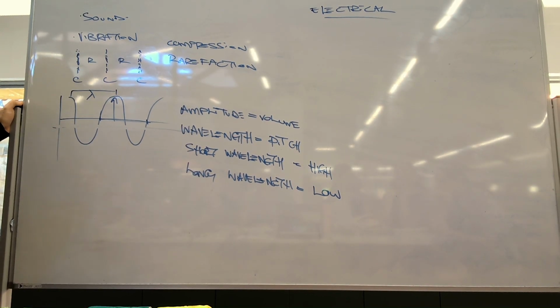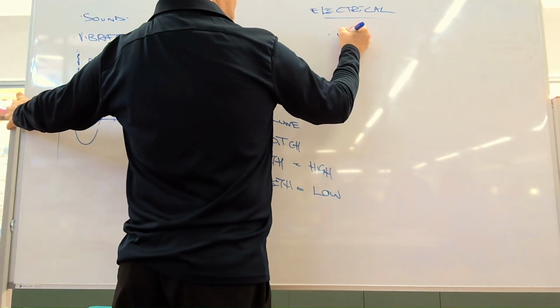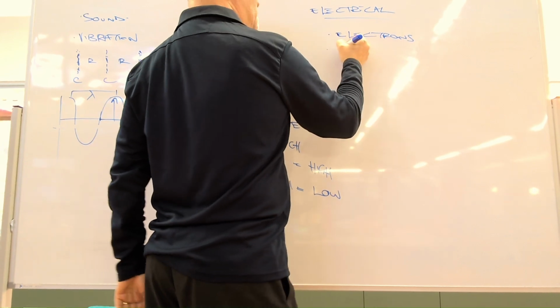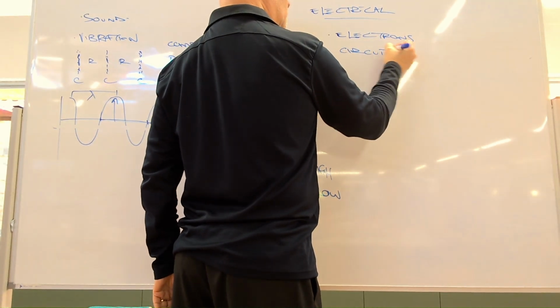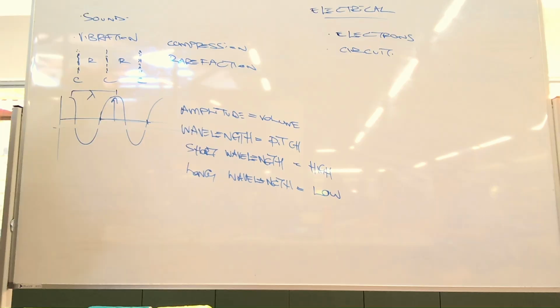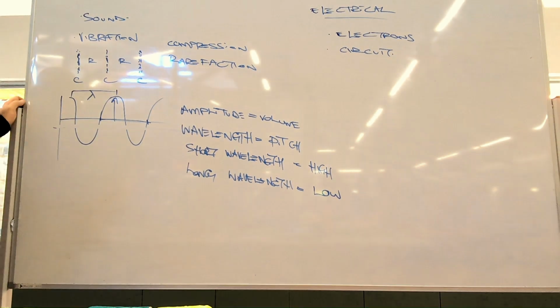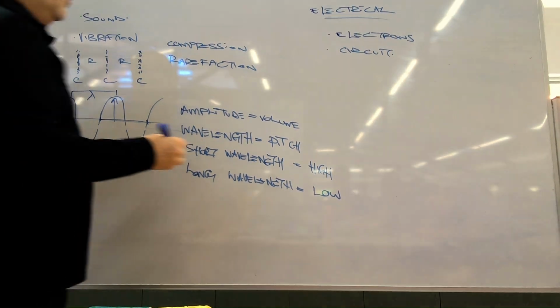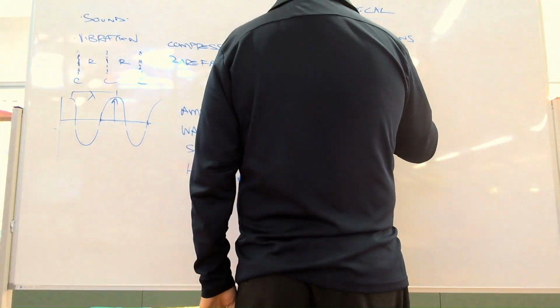Right, electrical is the movement of electrons, and they need to be moving through a circuit. As soon as you put an electron into a circuit, it's going to move. And normally we have a battery.